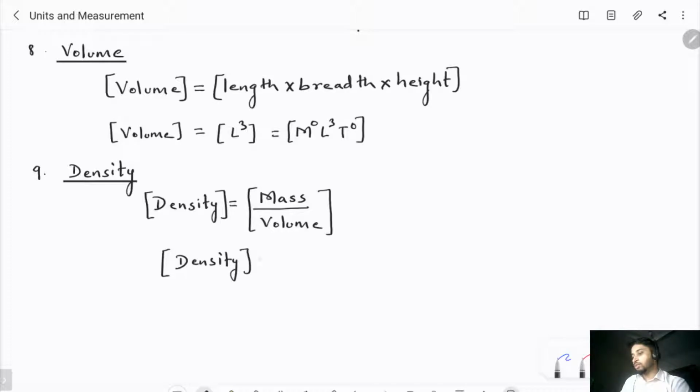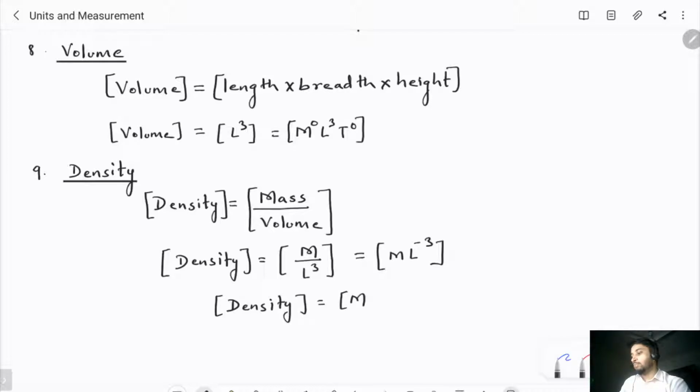So mass is a base quantity. For this we'll get capital M, and for volume we have L cube that we already derived. So now upon simplification this becomes M L to the power minus 3. Or in standard form we can write the dimensional formula for density as M L to the power minus 3 T to the power 0.